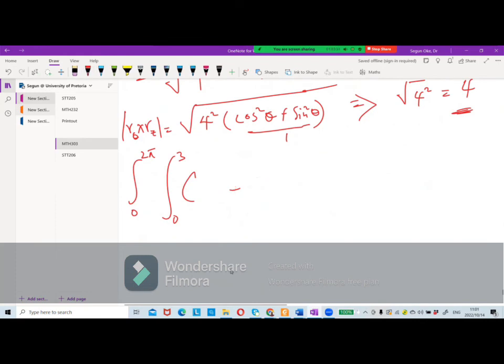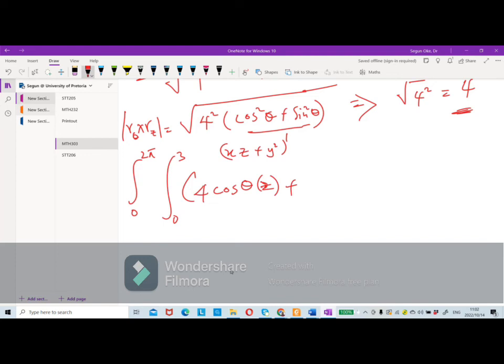So what is x now? Our x is 4 cos theta. Don't forget there is a z, because it's xz plus y squared. So let's just put z here, so I can come back to it.